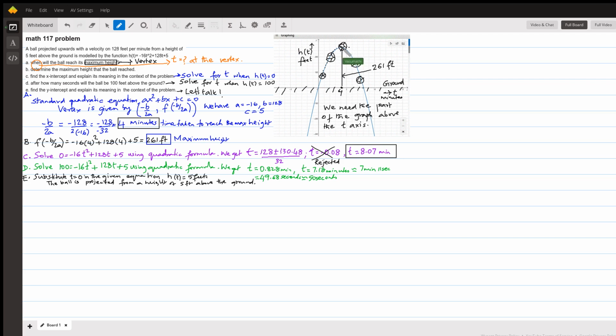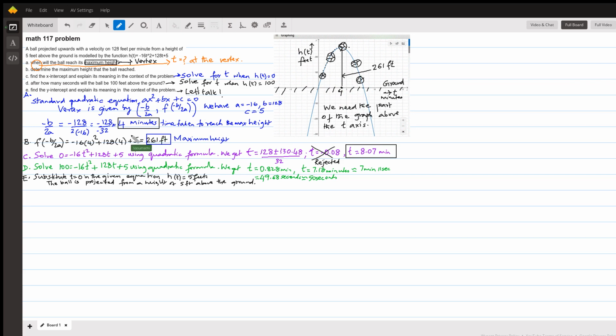So that vertex is given by, if you have a standard quadratic equation, ax squared plus bx plus c equal to 0, the x coordinate is given by negative b over 2a. In this case, it's the time axis. So that answers the question of how many minutes to reach that maximum height.